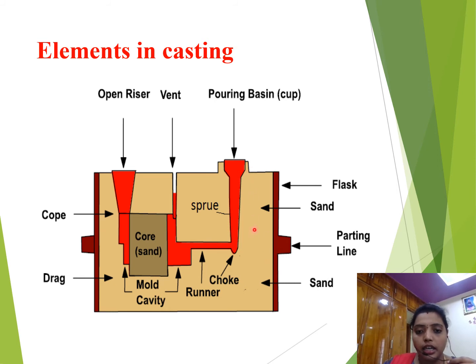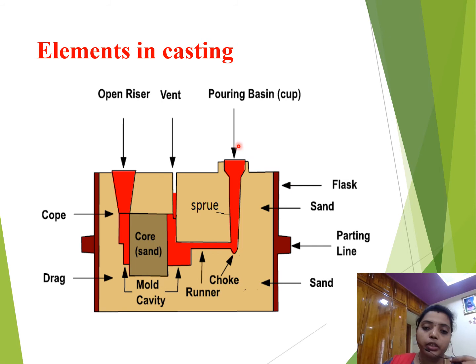As I already told you, this one is the molding sand. This whole thing is covered with sand, which is known as molding sand. And the box is known as the flask. This one is one flask, and this one is another flask.